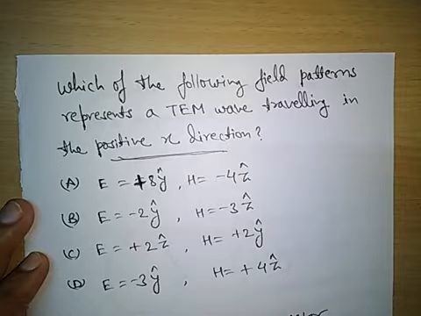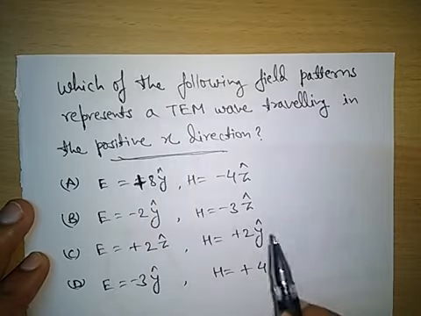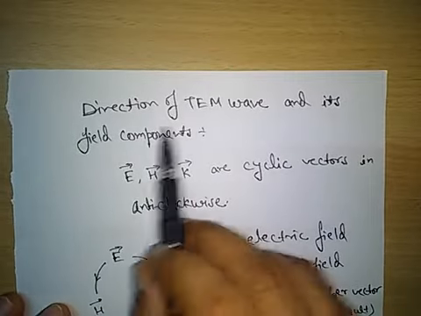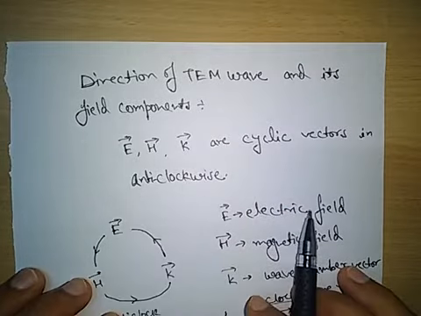So first of all, we will learn the relation between the TEM wave direction and these field components, means its field component direction. So here I start. The direction of a TEM wave and its field components are related in this way.